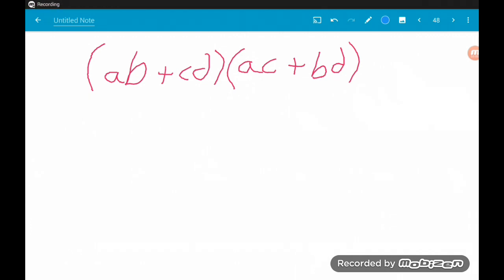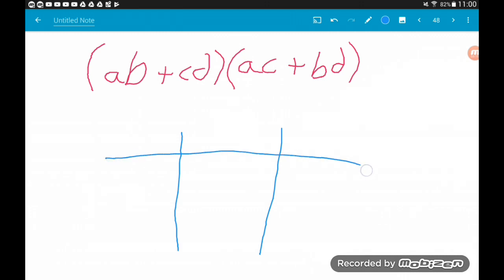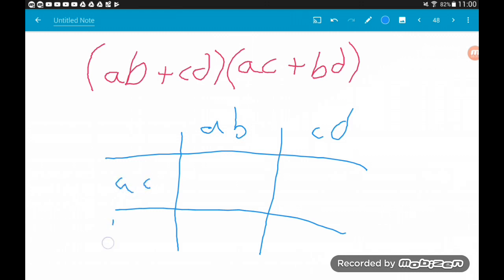Okay, question 3. Probably a job for a table again. We're doing ab plus cd times ac plus bd. Good times. So I'm going to put ab plus cd across the top, and I'm going to put ac plus bd down the side. Now, ac times ab is going to give us a squared bc.